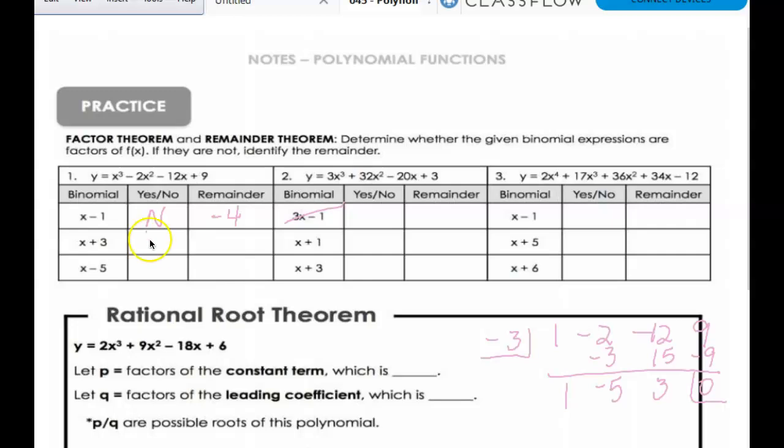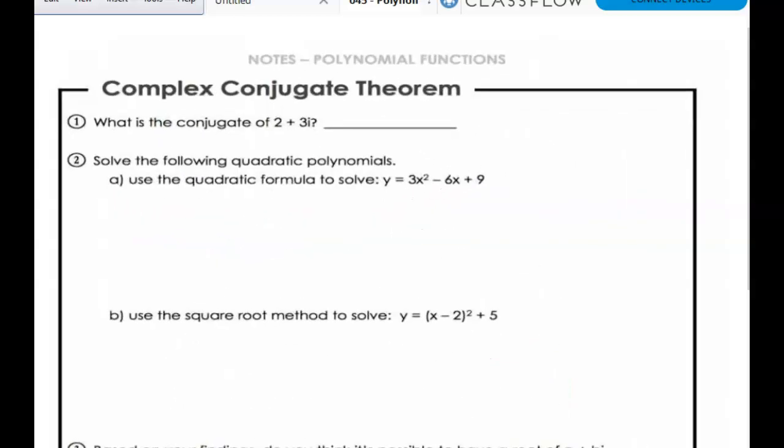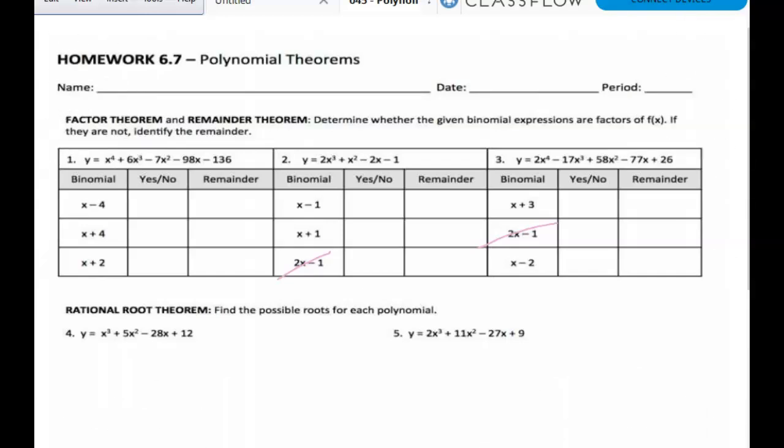Yes, it is. Okay. Does anybody need me to keep going? Do you understand? Okay. You turn to the back. Put your name on it. Cross off the two that are 2x minus 1. And then complete this and rip it off, put your name on it, and turn it in.